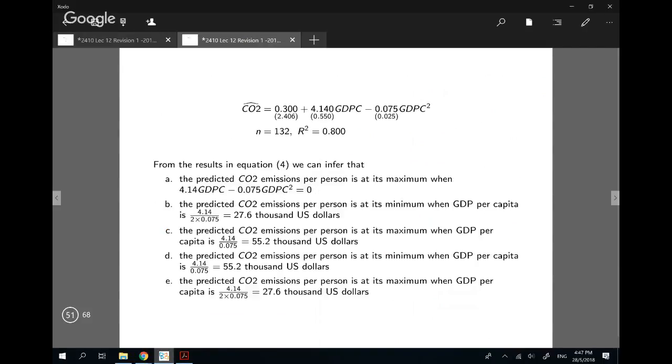Okay, next one. From the results of equation 4, you can infer that the percent CO2 emission per person is at its maximum when GDP per capita is at a certain value. So it's asking for the turning point. What's the formula for the turning point?